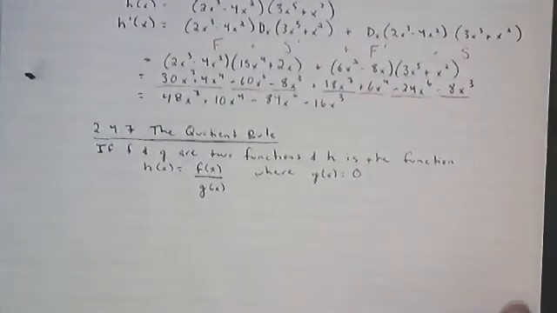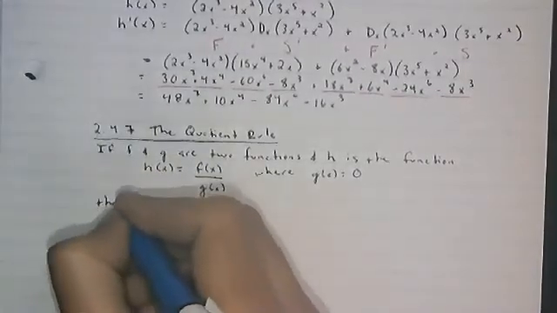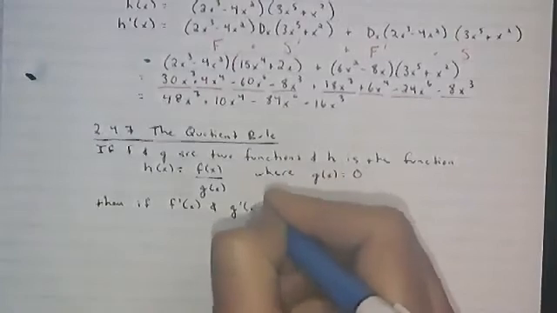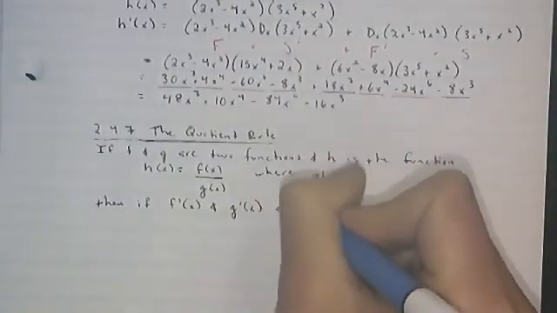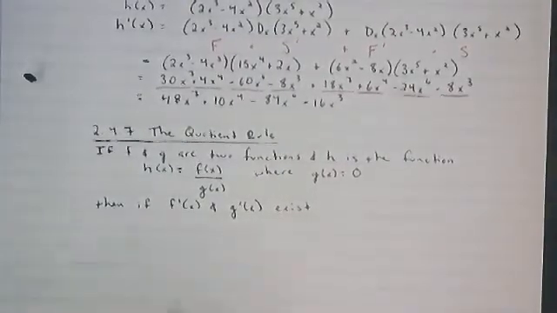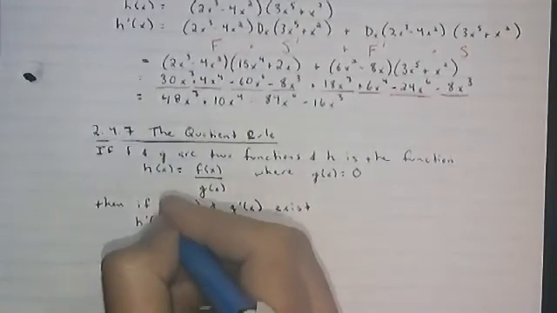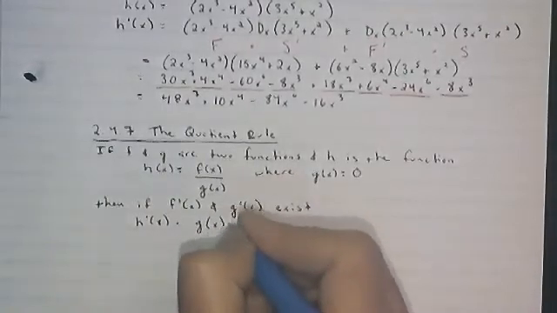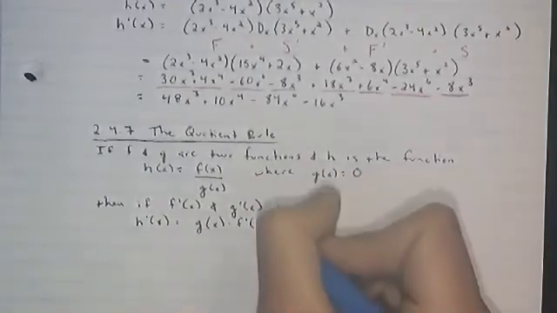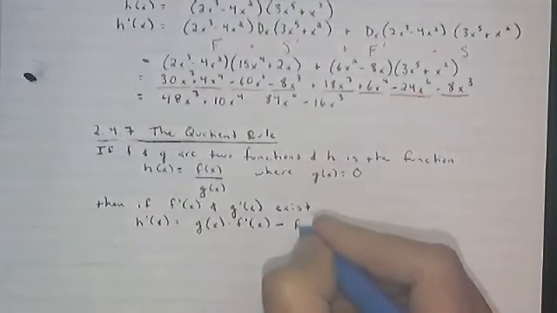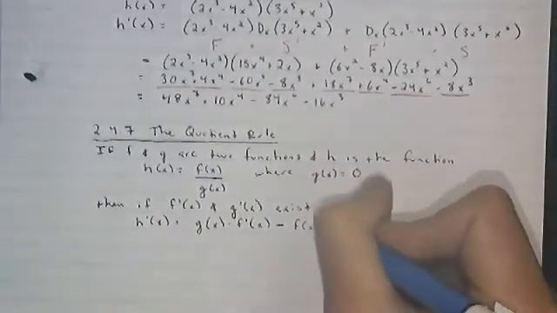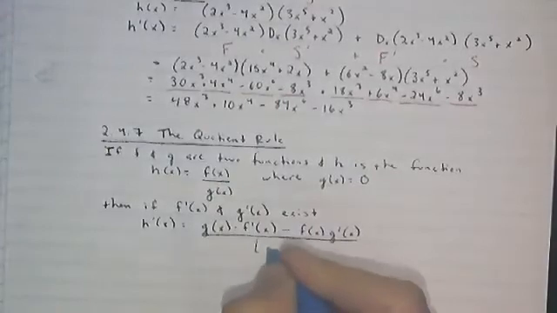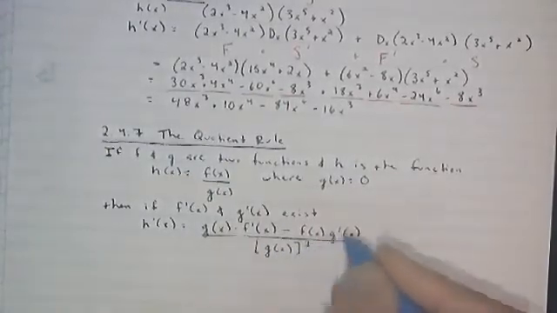Then, supposing that both the derivatives of f and g exist, the derivative of h is defined as the following: g of x times the derivative of f of x minus f of x times the derivative of g of x, all divided by g of x squared. Woof.